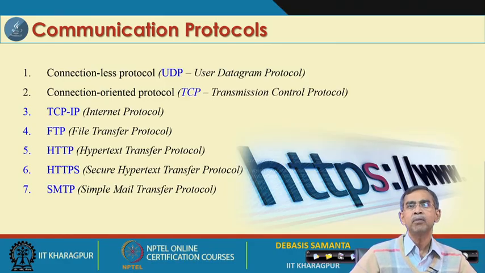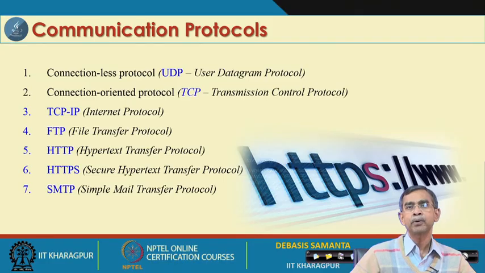In fact, IP is one protocol, just like UDP, that is connectionless. So, TCP/IP is a combination of both. FTP is the protocol used for transferring files from one machine to another, and HTTP is used for accessing web documents like an HTML page.